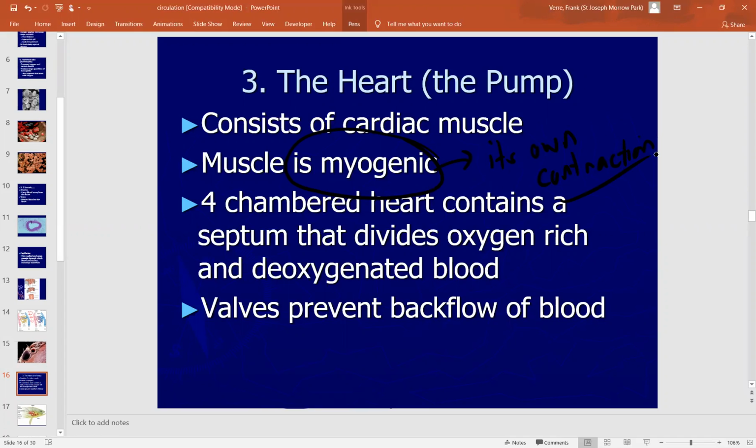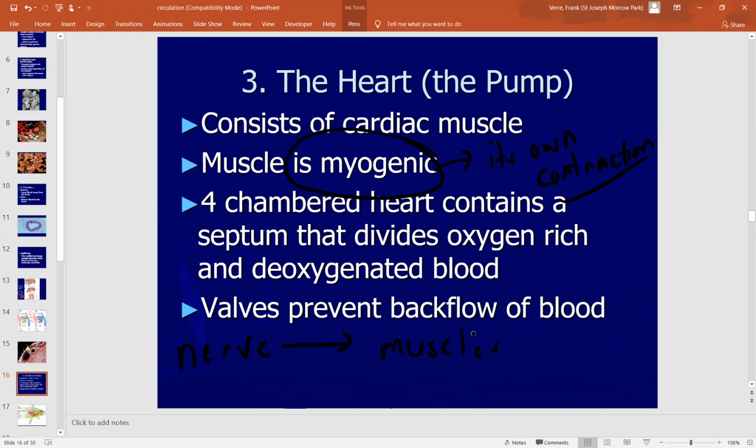Muscle tissue contracts, but we ended up talking about nerve tissue at the end. And the way it works is that nerve tissue controls muscle tissue. So when nerves fire messages, the muscles contract. Now, in this case, the cardiac muscle, which is myogenic, actually generates its own contraction.